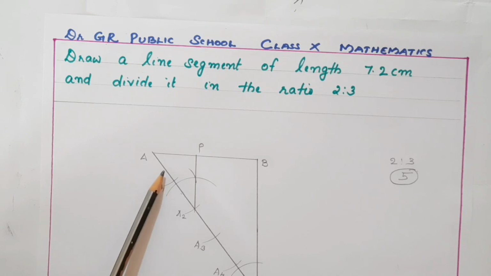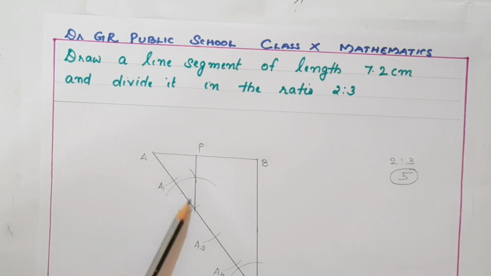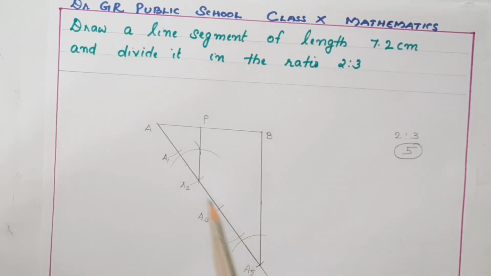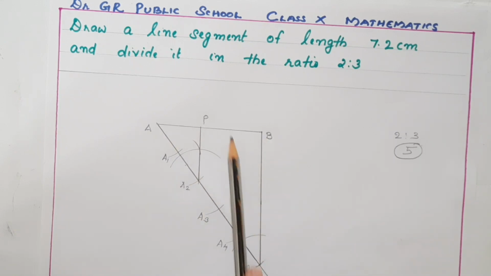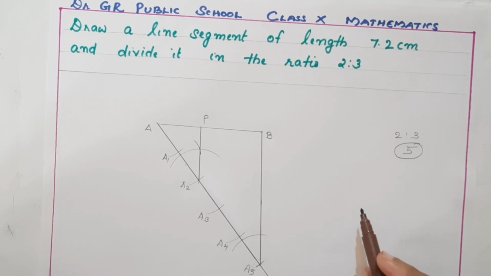Here you see first part, second part, two parts up to this A2. Then remaining 1, 2, 3. 3 parts. Okay. So first part is 2 and second part is 3. According to basic proportionality theorem, since these two lines are parallel, this AP is to PB will be also in the same ratio 2:3.